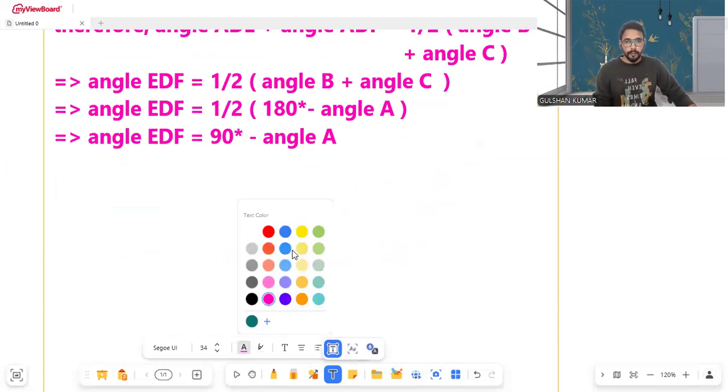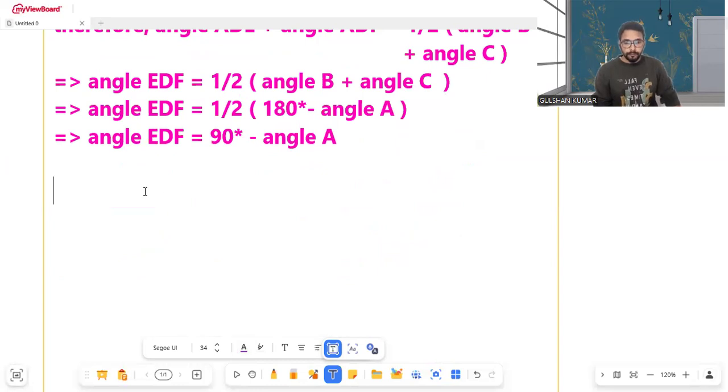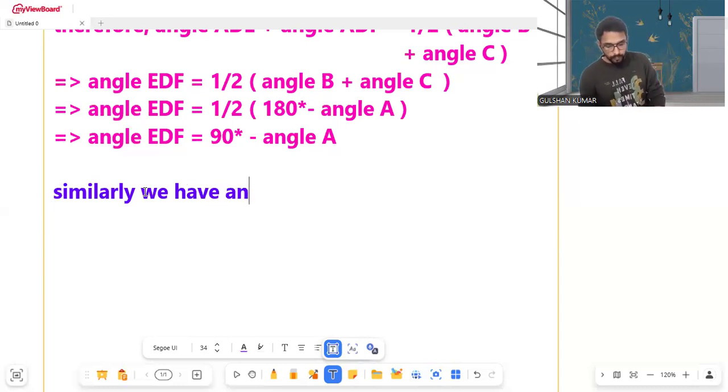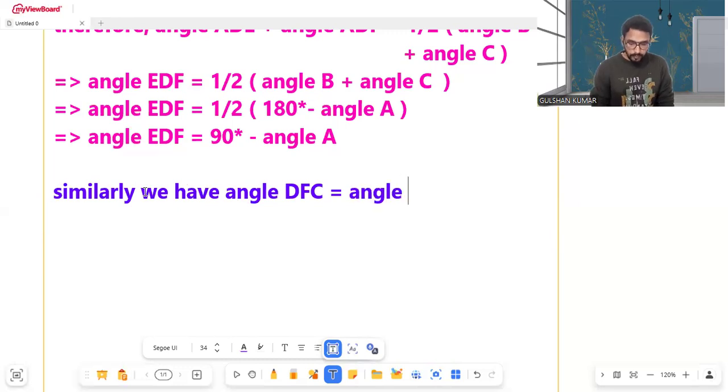So after that, similarly, we have angle DFC will be equal to angle DAC.